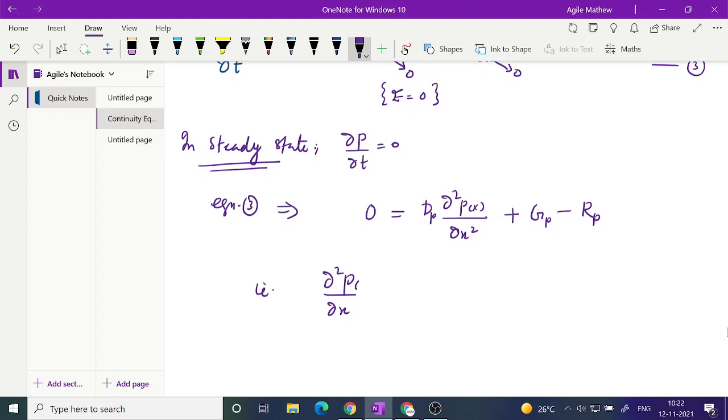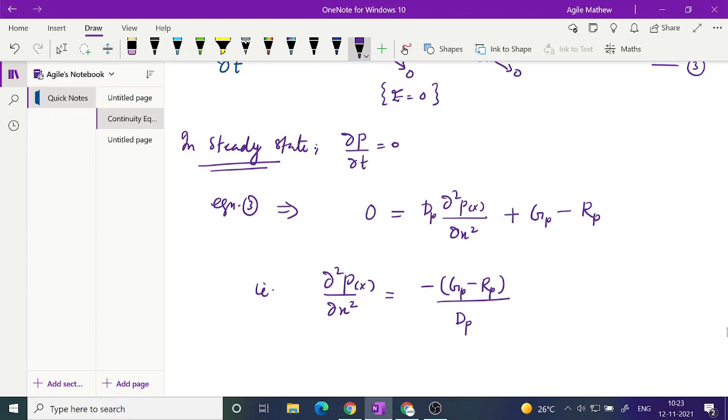So dou square p of x by dou x square will be equal to minus gp minus rp divided by Dp.